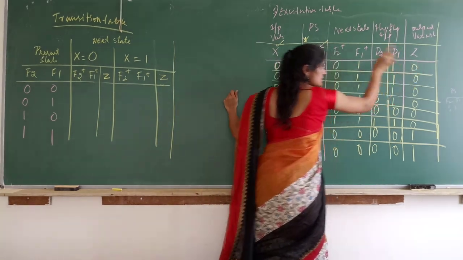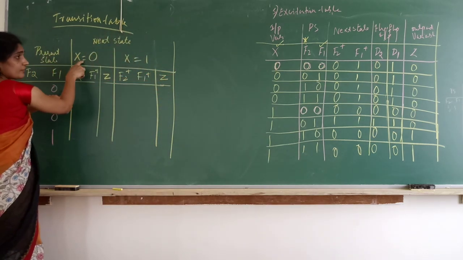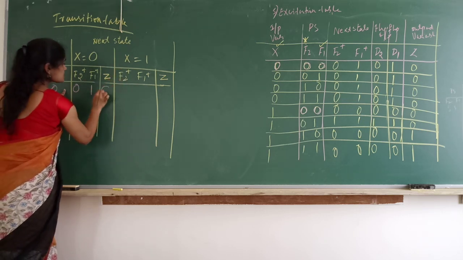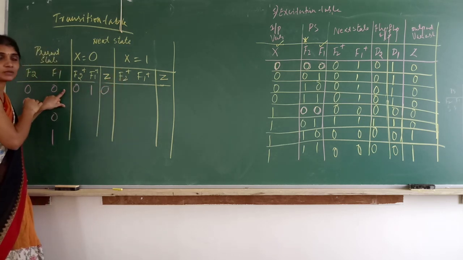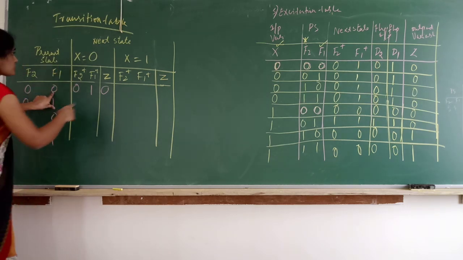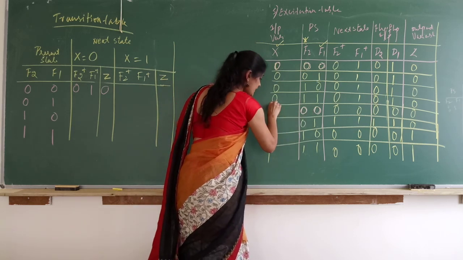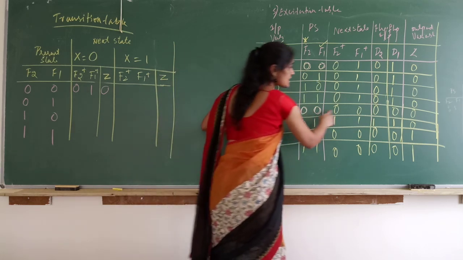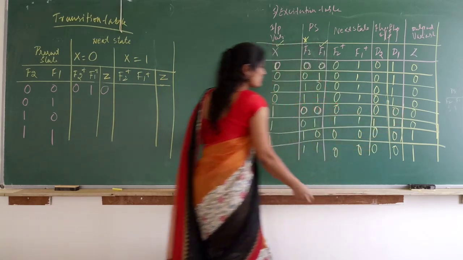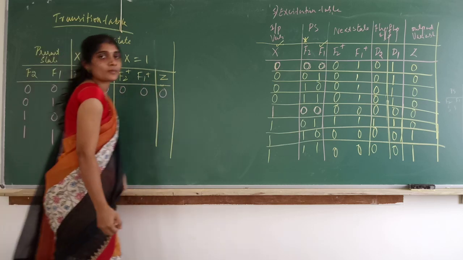What is the output? 0. That's how you write the transition table by looking at the excitation table. If the present state is 0,0 and X is 1, what is the next state? Next state is 0,0. What is Z? Z is 0. Okay?